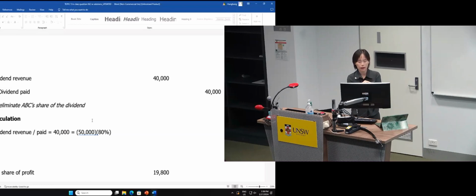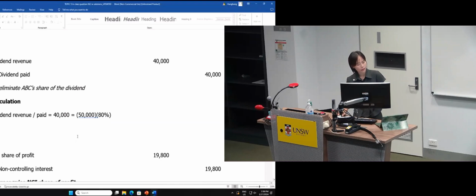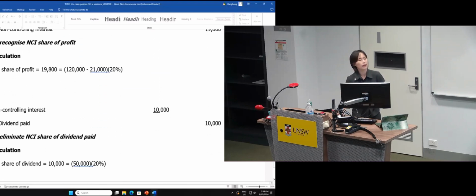So we debit dividend revenue, then credit dividend paid. The dividend revenue debit reduces the profit of the parent, nothing to do with NCI. But the remaining 20% of the 50,000 dividend is received by the NCI party. Because the subsidiary's dividend payout reduces the subsidiary's equity, the NCI share of the subsidiary's equity balance should also decrease. So we debit NCI, credit dividend paid. That's all.